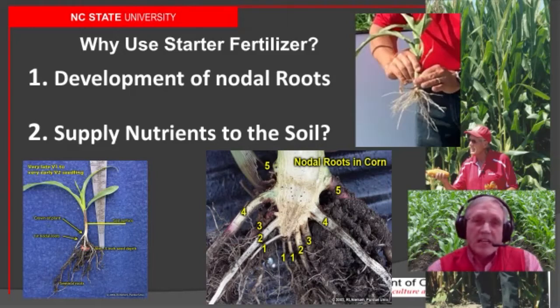In a soybean plant, you'd be trying to influence the primary root system of the plant. And in other crops, it may be different roots that you're really interested in. In corn, it's the nodal root system. So that's, in my opinion, one of the key, if not the key, reasons for using starter fertilizer.